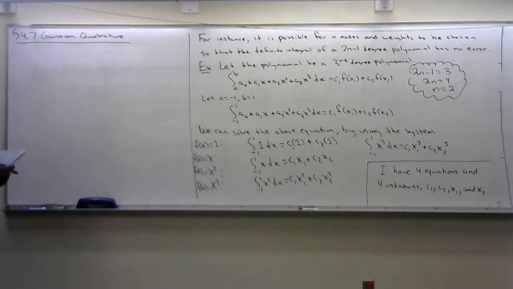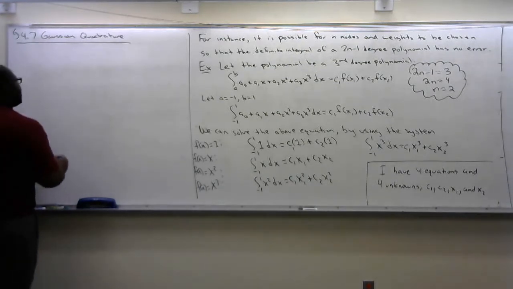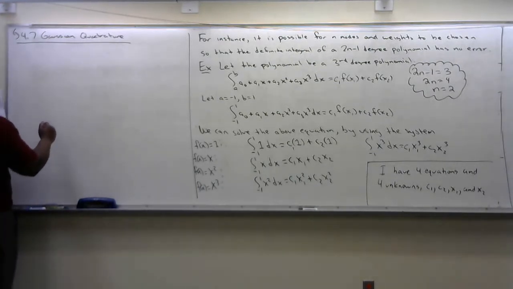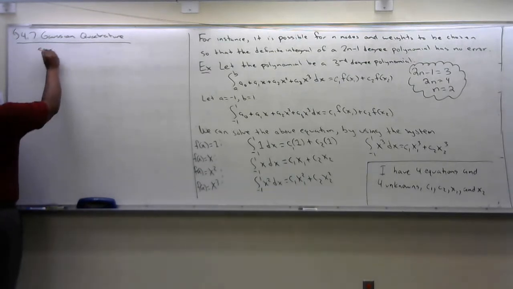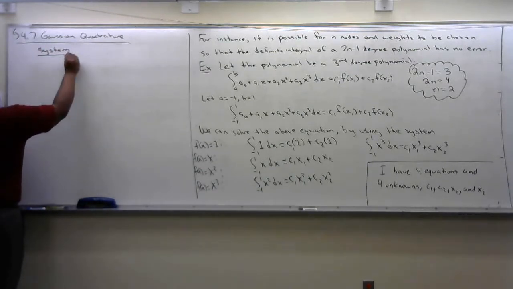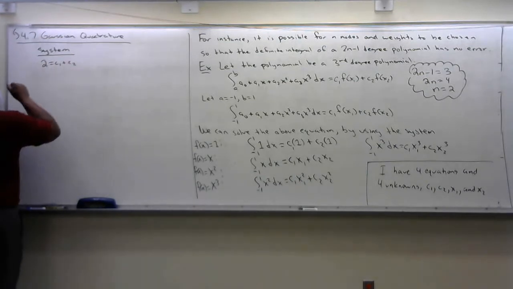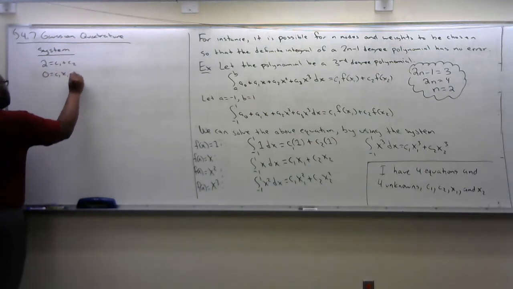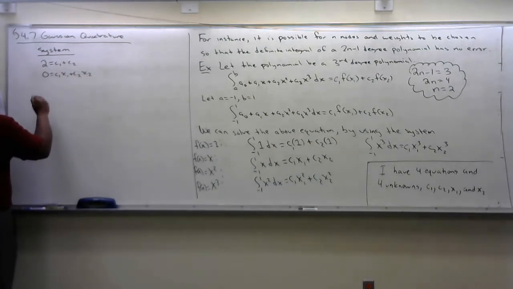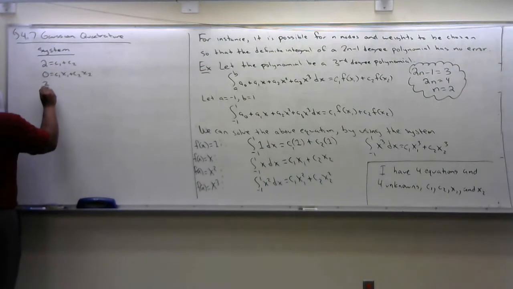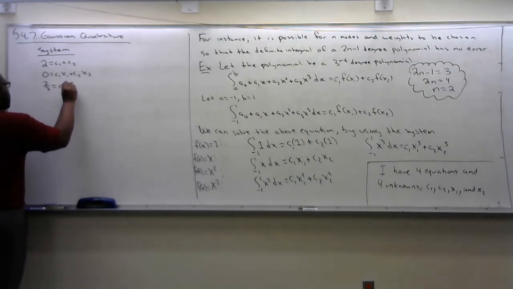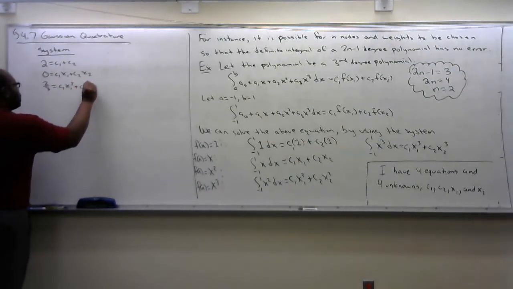Before I do that, though, let me just rewrite the system over here. My system is going to be 2 equals C1 plus C2. 0 equals C1 X1 plus C2 X2. The third one is 2/3 equals C1 X1 squared plus C2 X2 squared.